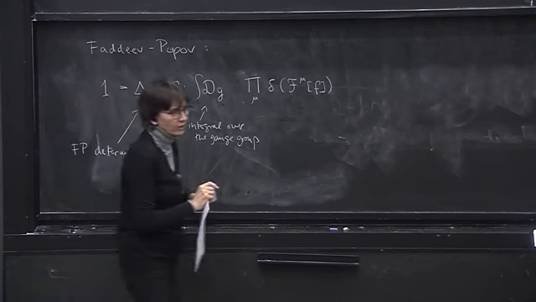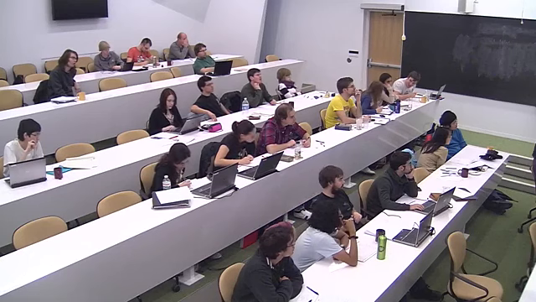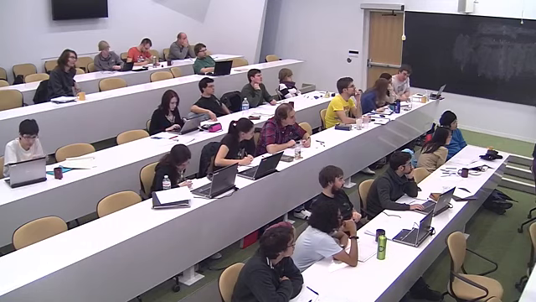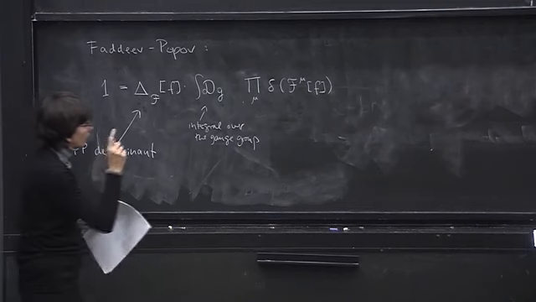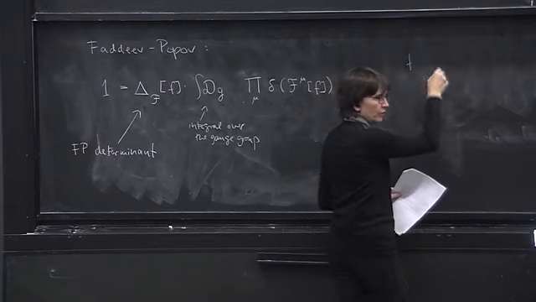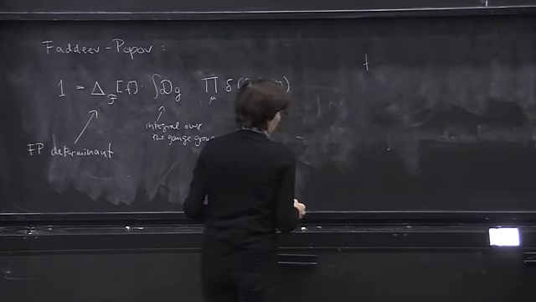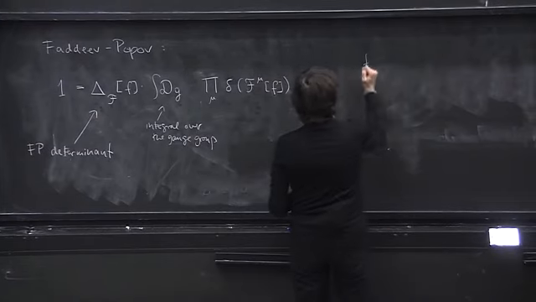Yes? In this case, it's a linearized diffeomorphism. I think we had the transformation law on the blackboard as a function of epsilons. Yes, that's what it is, because it's infinite dimensional.